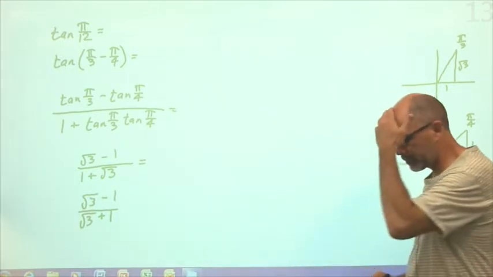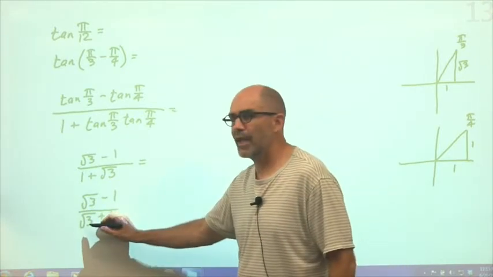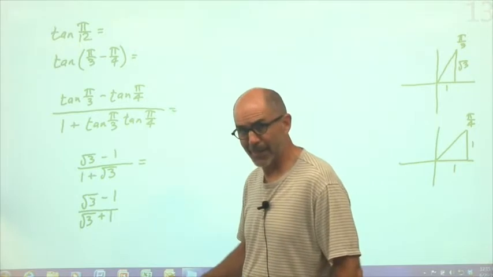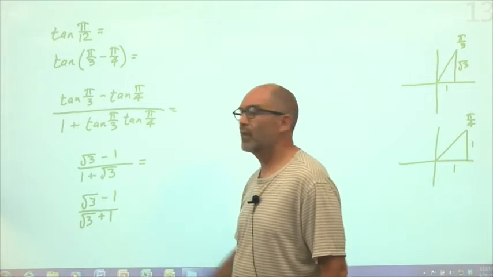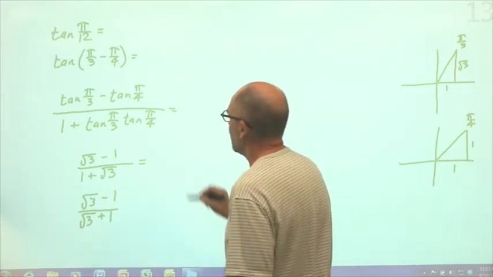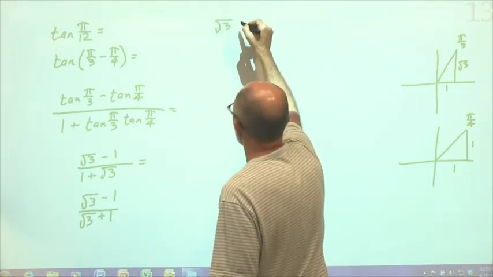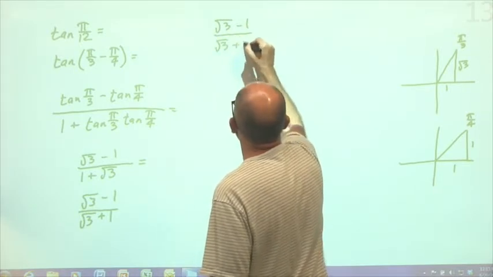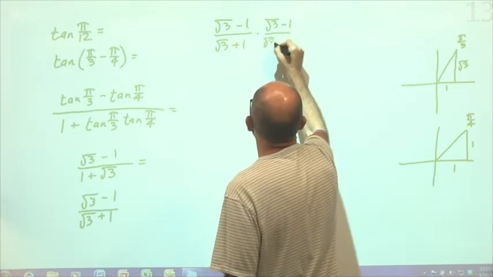Okay, now, we are not like the godless heathen who leave radicals in the denominator. So what we need to do is get rid of the square root of 3 in the denominator. To do that, we need to multiply by the conjugate. So I have square root of 3 minus 1 over square root of 3 plus 1, and I'm going to multiply by square root of 3 minus 1 over square root of 3 minus 1.